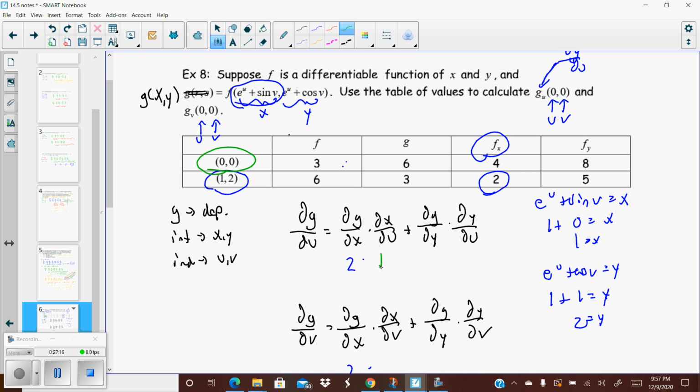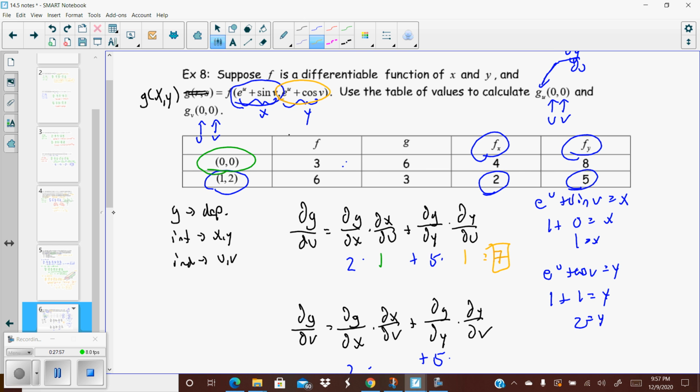So now we're talking about f sub y at 1, 2, which is 5. That will apply to both pieces. Put a plus sign in there. And then the partial of y with respect to u, that's the derivative of this one with respect to u, and that's just e to the u. Again, plug in your 0, 0 because those are your u and v values. So e to the 0 is 1. So our first one, we're going to get 2 plus 5, which is 7.